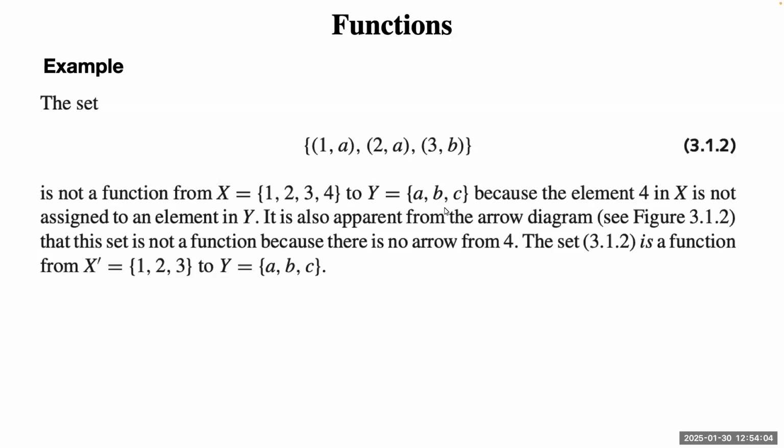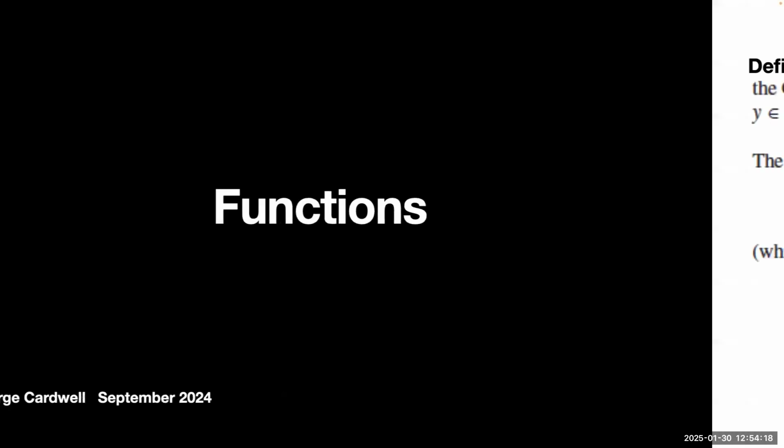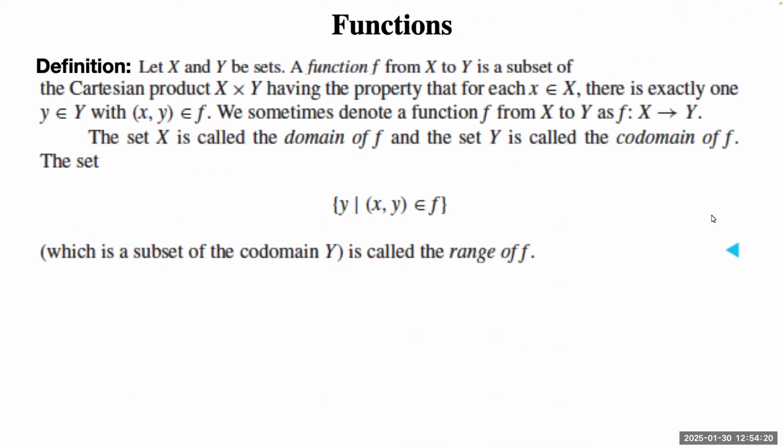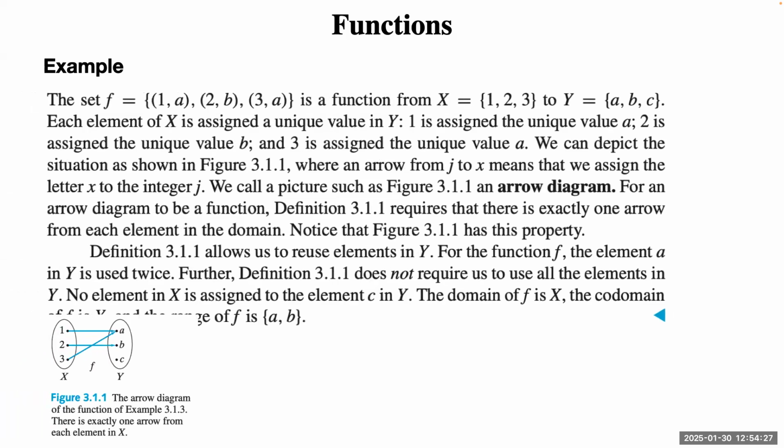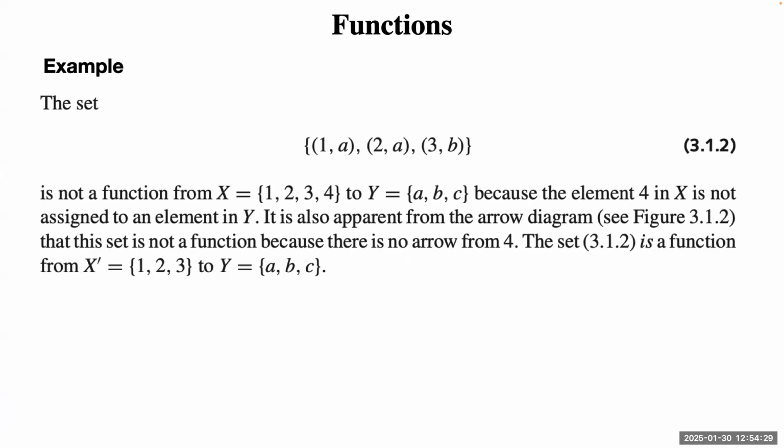This is not a function because there is an element of X, namely 4, that's not assigned to an element of Y. So to be a function, if you go back and look at the definition of a function, it says that for each x in X. So in this case over here, you have X as a domain, {1, 2, 3, 4}, and Y as a codomain {a, b, c}.